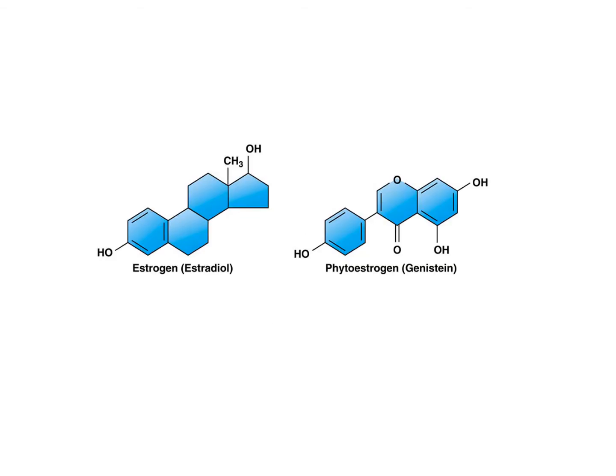This slide features the structure of two steroids. An animal steroid called estrogen, that's the primary female sex hormone in animals, and a sort of plant analog, a phytoestrogen.